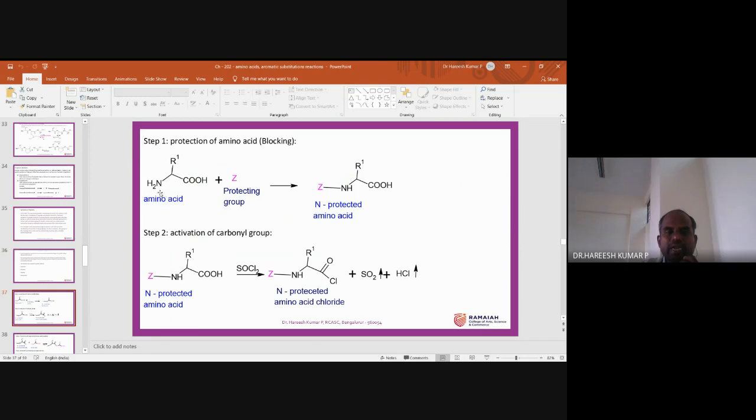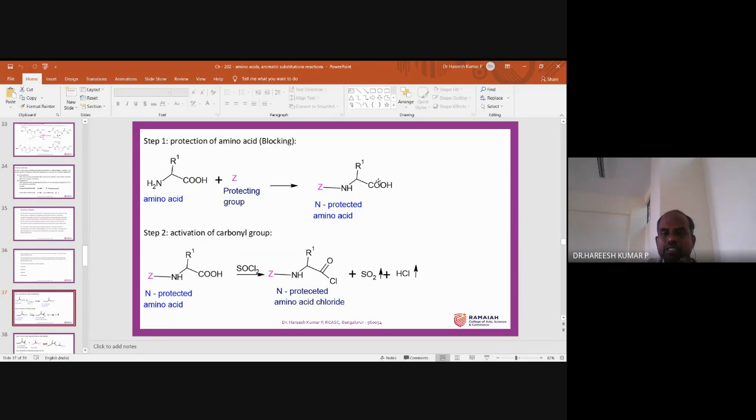It will react with this NH2, forming an N-protected amino acid. So H and Cl go out, and there is a formation of a bond between Z and the amino group. Now the N-terminal end of the amino acid is protected.